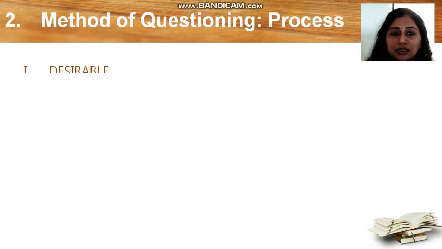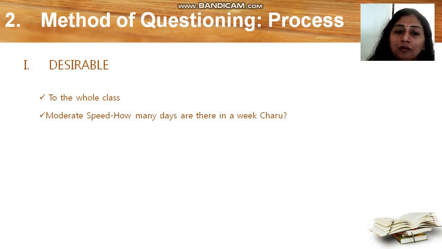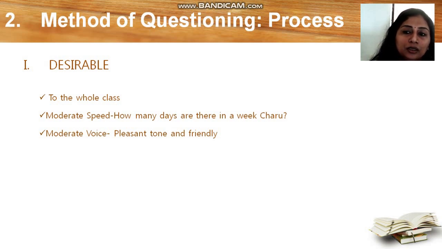So I'm talking about process, if you have understood. There are certain desirable components that we would cover here. Now when we are talking about questioning the whole class, I have to include certain instructions in my questions. My speed has to be moderate, like how many days are there in a week, Charu? Now that is a specific question to be asked to a specific student. Just as I am very clear in my writing, similarly, whom I am asking has to be very clear, precise.